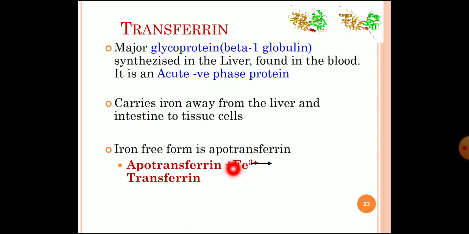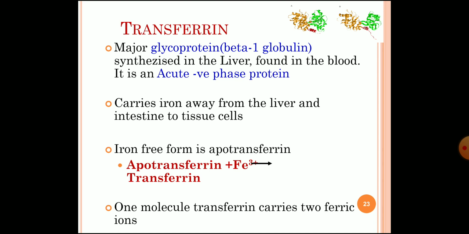Whenever there is free apotransferrin in the blood, ferritin releases iron, and the ferroportin will take it up to the basal membrane, and in the blood ceruloplasmin will oxidize the ferrous iron to ferric iron, and the ferric iron combines with the apotransferrin to form the transferrin.